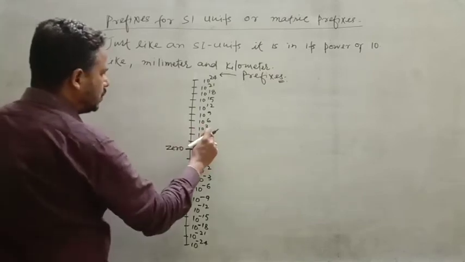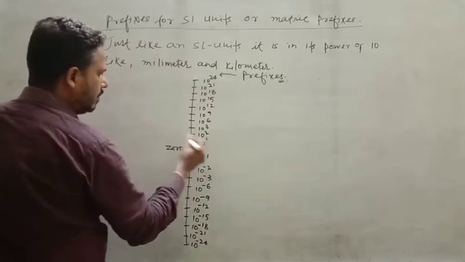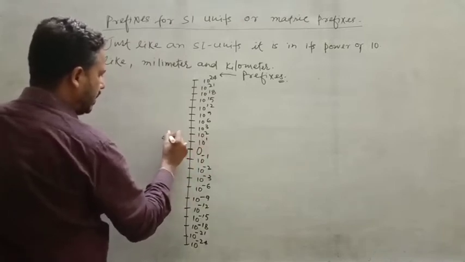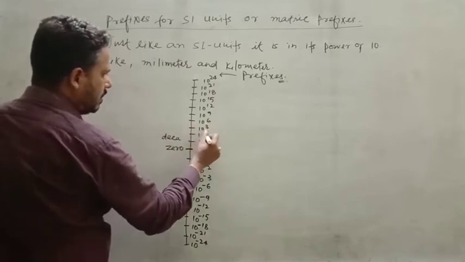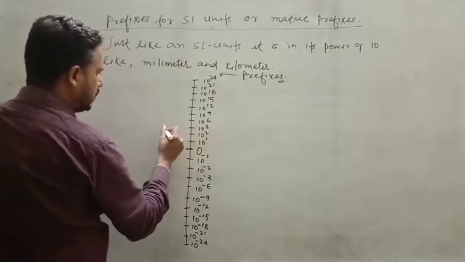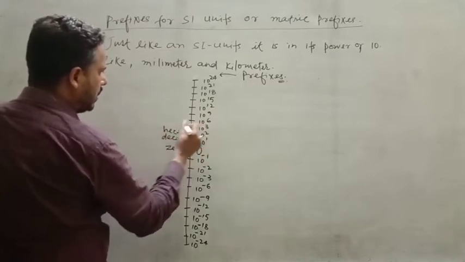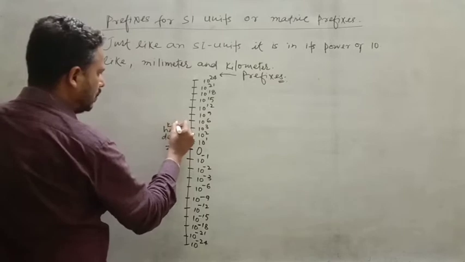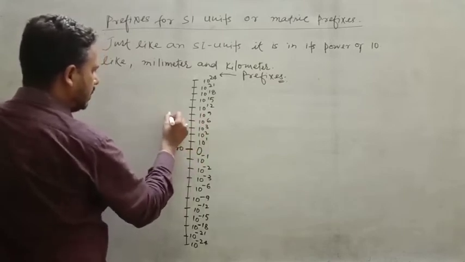10 raised to 1 is called deca. 10 raised to 2 is called hecto. 10 raised to 3 is called kilo. 10 raised to 6, mega.